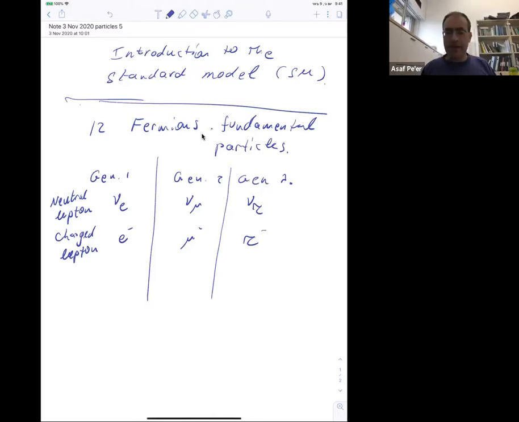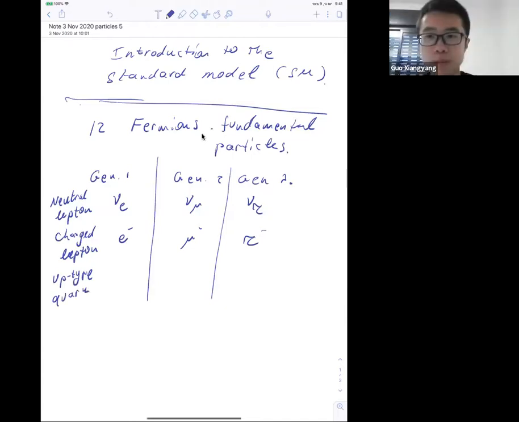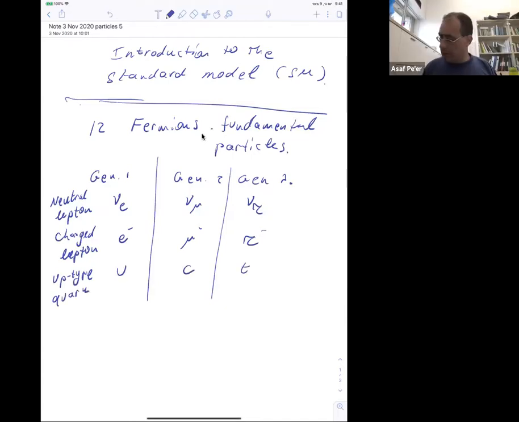And then we have an up-type quark: the up, the charm, and the top, and the down-type quark: the down, the strange, and the bottom.